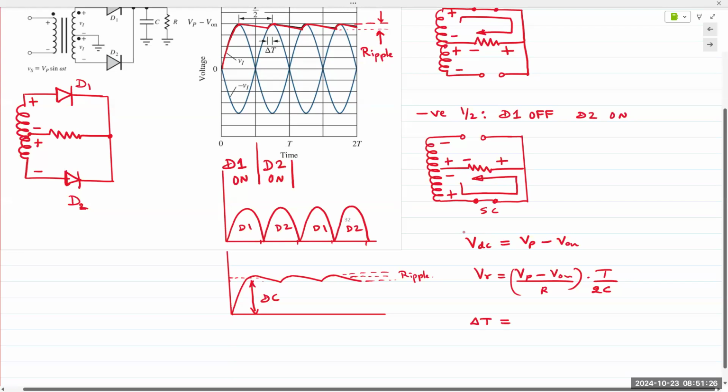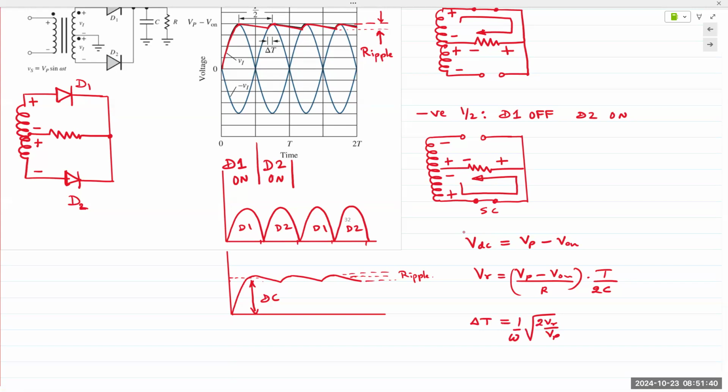Delta T is 2VR over VP divided by omega. So it's 1 over omega. That's the same equation, no difference. Same equation.